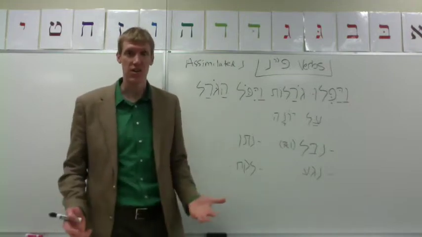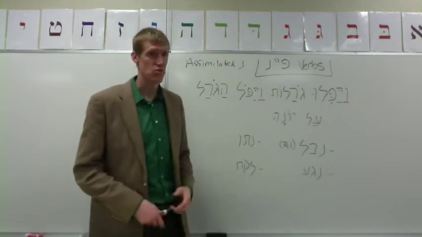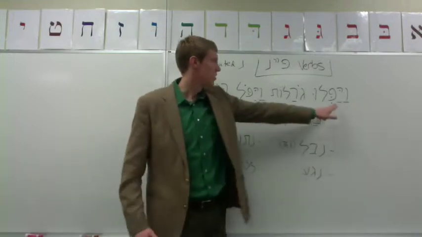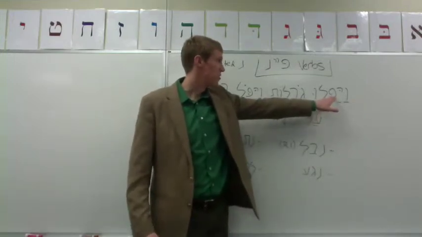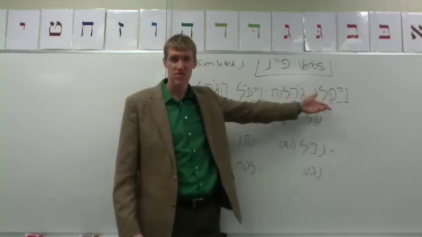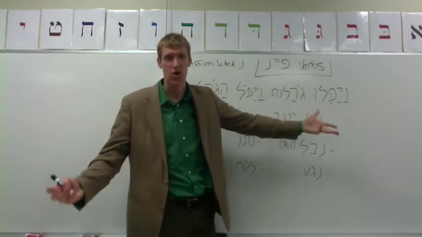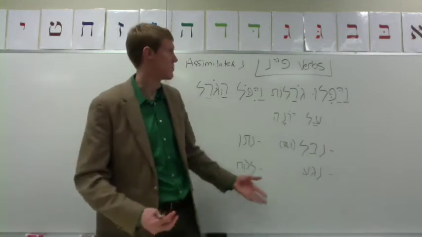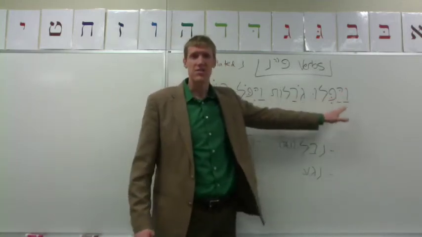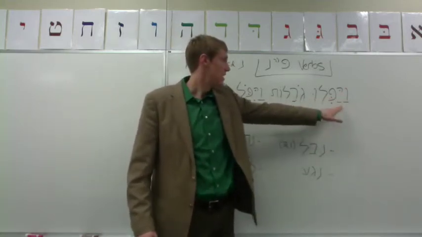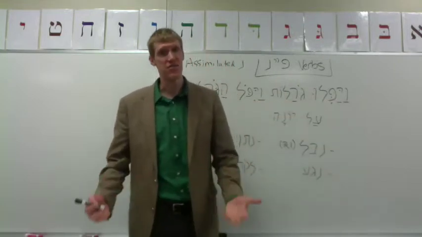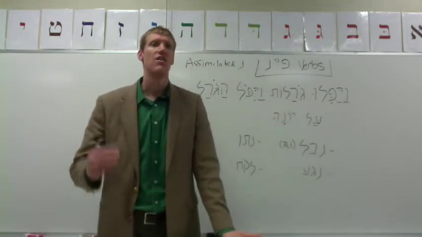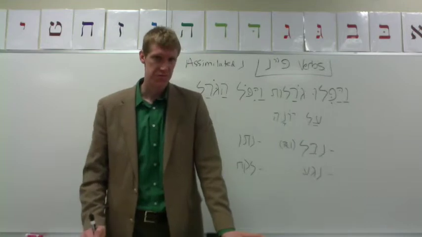Now we have to identify the vocal pattern and the root. Okay, so our root is visible, pe and lamed, but we see this dagesh forte, of course, so now we know nun, pe, lamed. Now, what's the vocal pattern? So under the prefix is a patach, and the patach under the prefix is the sign of the hifil imperfect.